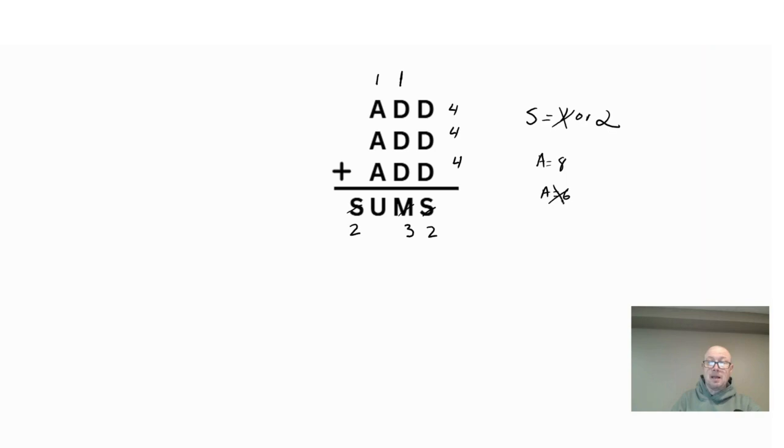So A equals 6 doesn't work, so it's going to have to be 8. If A is 8, I would get 8 plus 8 plus 8 is 24, plus the 1 is 25. So my U value has to be 5, and my value is 2,532.